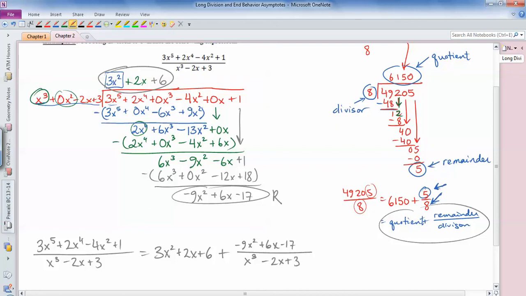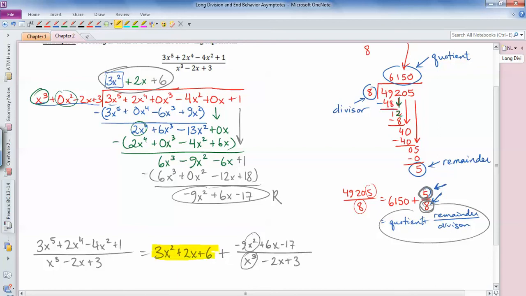And you remember how I said over here, notice the remainder is less than the divisor? Well, the way that shows up in this problem is the degree of the numerator, the degree of the remainder is always less than the degree of the denominator, of the divisor. Okay? So this right here, let me highlight this.